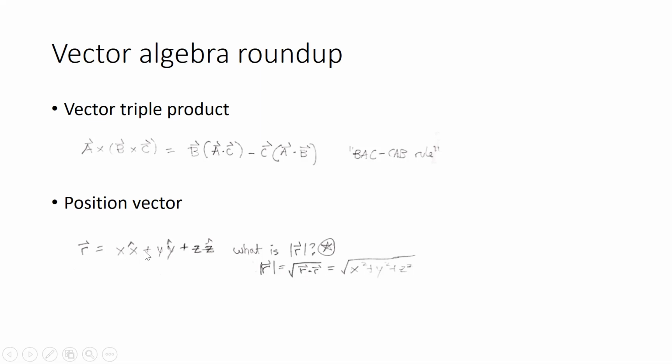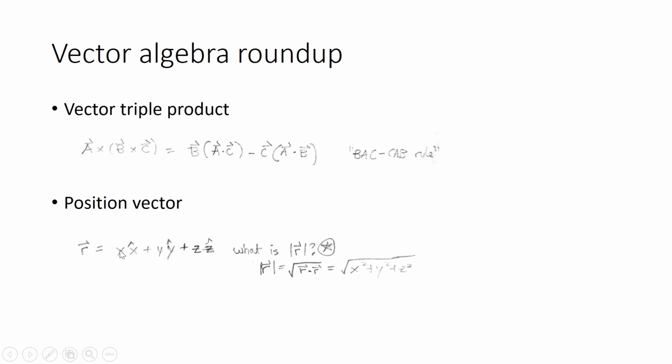And if we look at that dot product of r with itself, if you think about it, you find that that's just x squared plus y squared plus z squared. Because when you take the dot product of r with itself, the cross terms x dot y is 0, x dot z is 0.